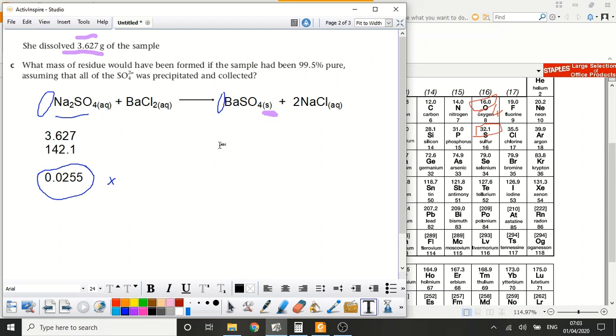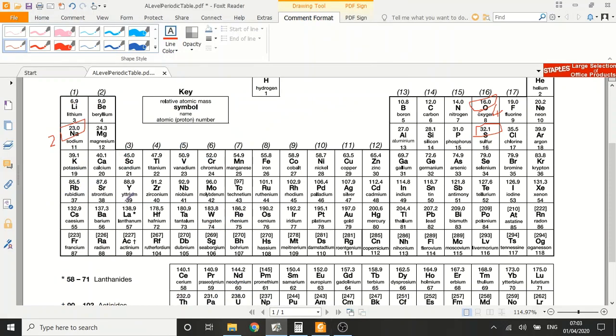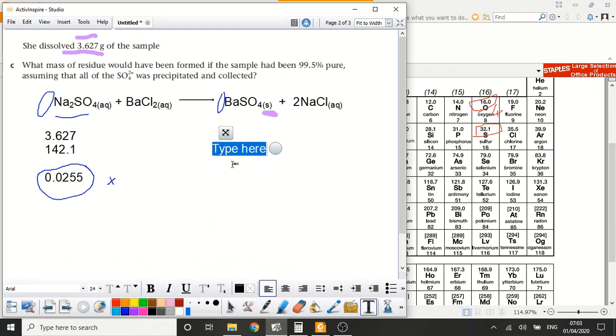The sulfate is 4 lots of 16 and 32.1, and barium is 137.3. So you add the 137.3, 64 and 32.1, and you come out with 233.4 for the MR.